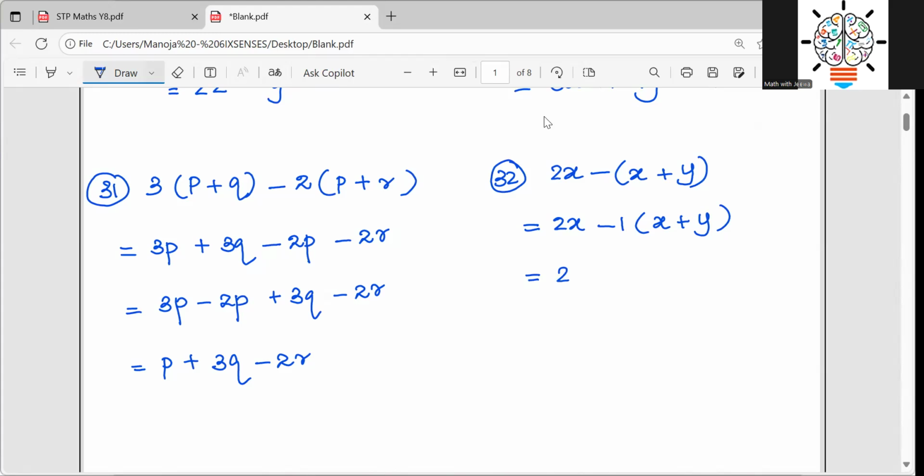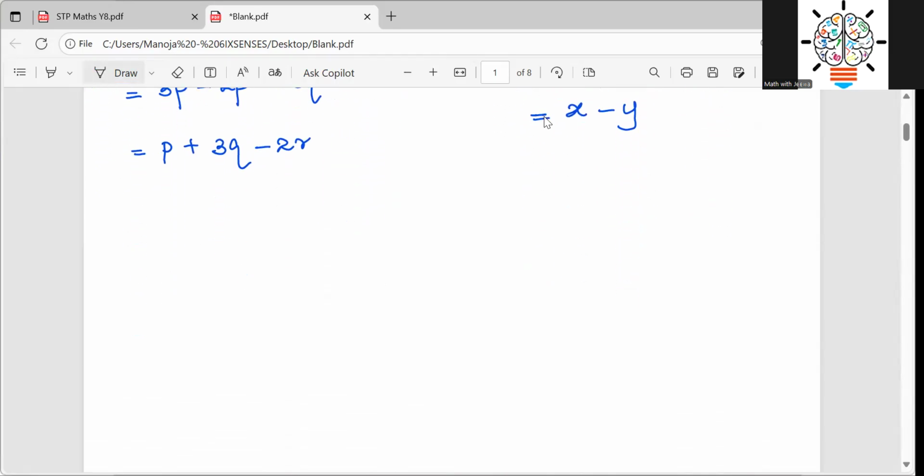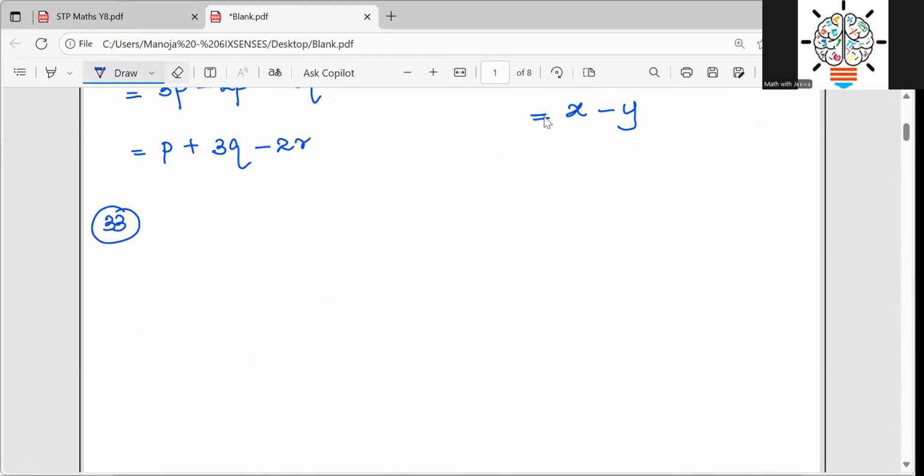So then you write 2x minus 1x minus 1y. 2x minus 1x is 1x, but I just write it as x, and minus 1y. Okay, minus x minus y. Okay, correct. So then not 33, the next question we want to do is 37.